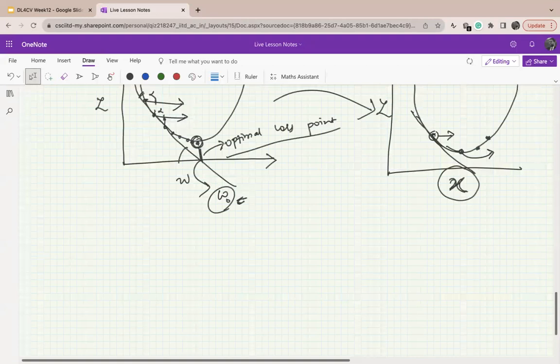So they got the slope from this point and they moved in the same direction. So what will happen? It will go away from the minimum. So the image will go away from the minima and the loss will increase. So if you go in this direction, the loss will have a huge increase.